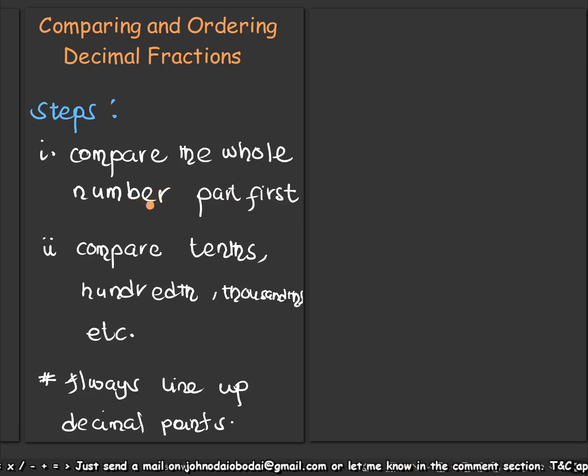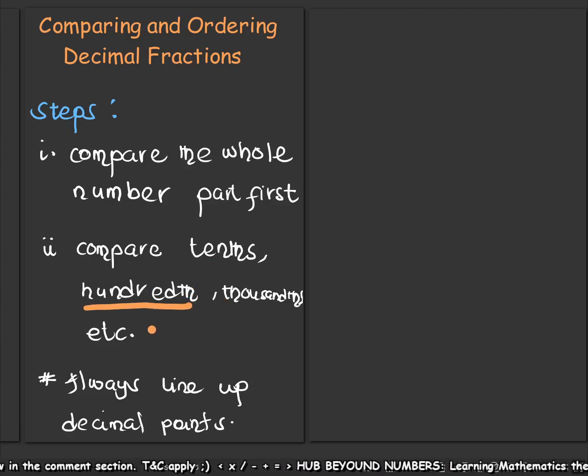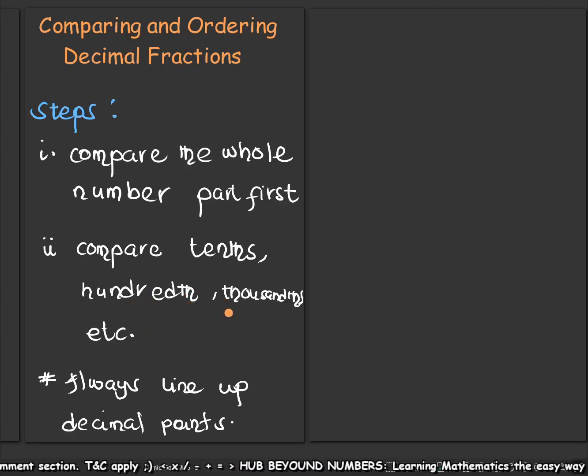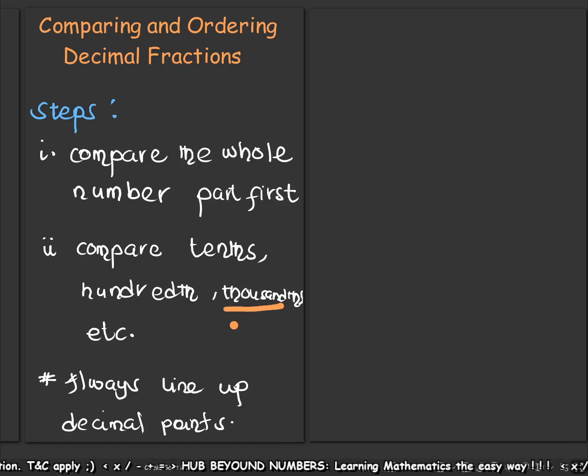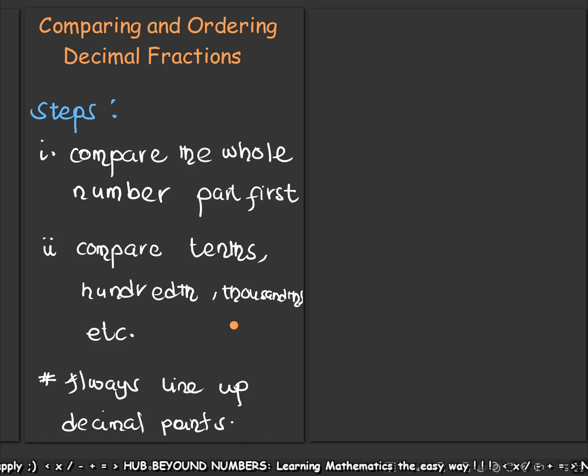But if the whole numbers are the same, then we have to move on to the decimal part, where we would have to compare in order. And in order, I mean we'll compare the tenths against each other, the hundredths against each other, and then the thousandths against each other. If there is more, you can go on comparing.